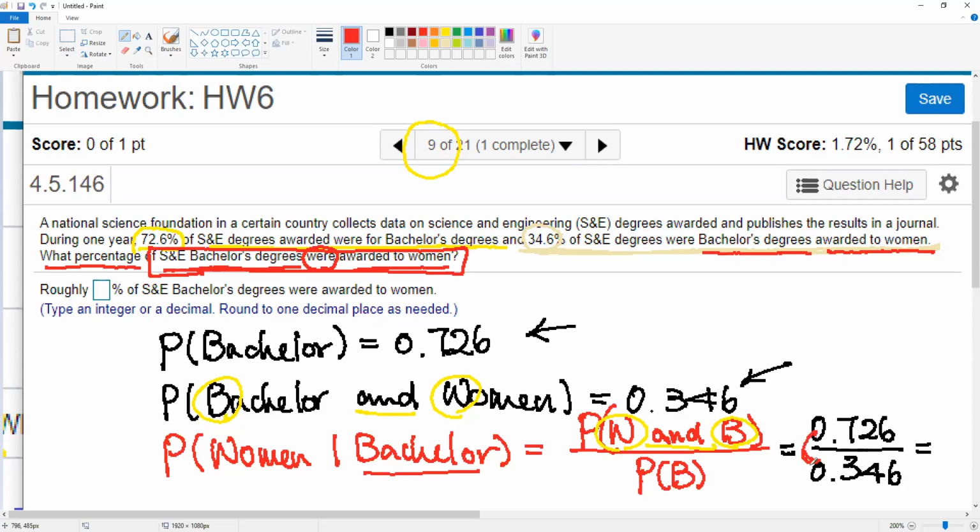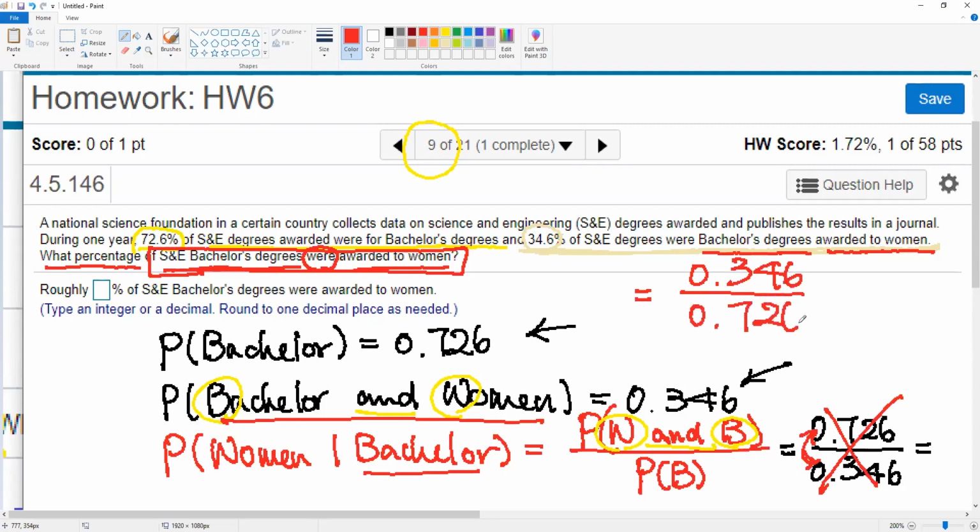Yeah, it is a joint one. So let me try again: 0.346 over 0.726. In this way, I got 2 point something. No, never ever. Any kind of probability cannot be bigger than 1, right? So when you get any probability bigger than 1, something is wrong. Yeah, I switched.